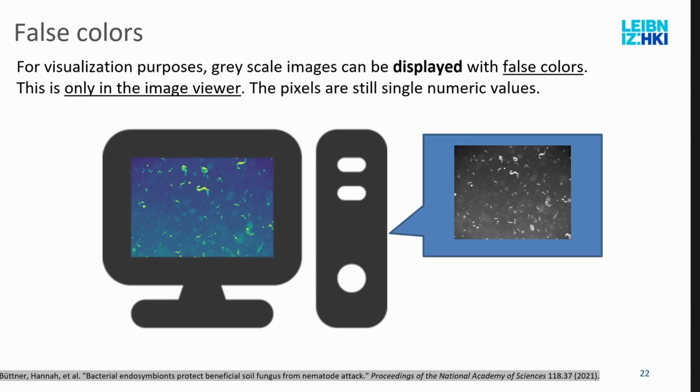So first I will explain a bit about false colors. When you look at an image on screen, in an image viewer, usually it will apply some kind of false coloring that often looks nice. But in reality, the pixel values are still grayscale. For example, this is an 8-bit integer grayscale image, but in the viewer I told it to use a so-called lookup table, or LUT, to make it fancy.